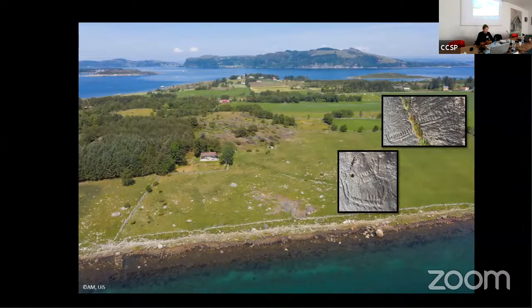Visiting the panels regularly and being able to experience, observe, and approach the open air rock art sites, both from the sea and land, underlines the assumption that these were made to be exposed and accessible and approachable from the sea.